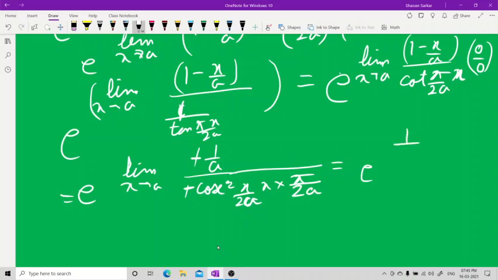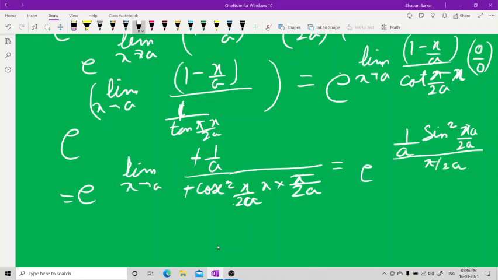You will have 1 upon a, this cosec will go on the top as sine square (pi a by 2a), and then whole divided by pi by 2a.